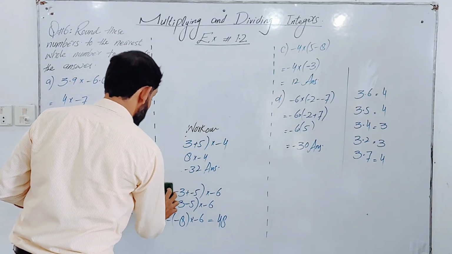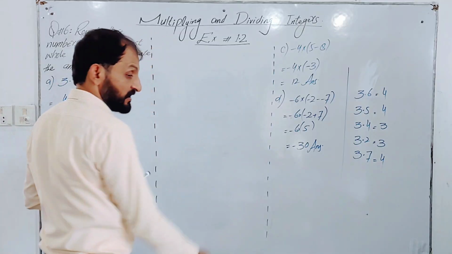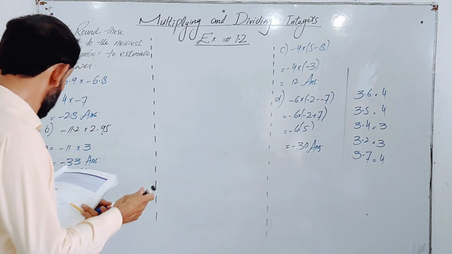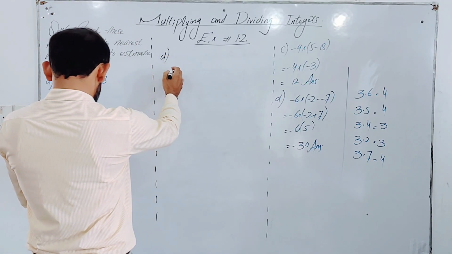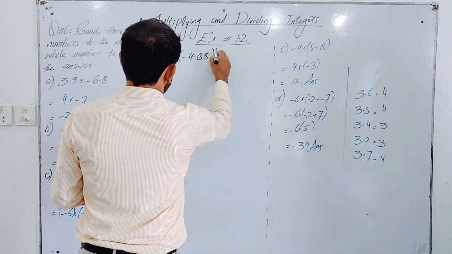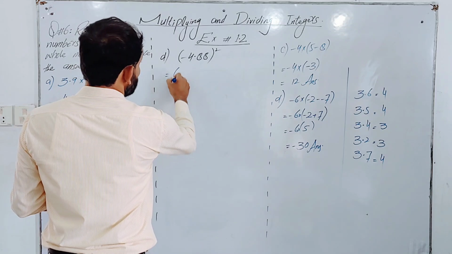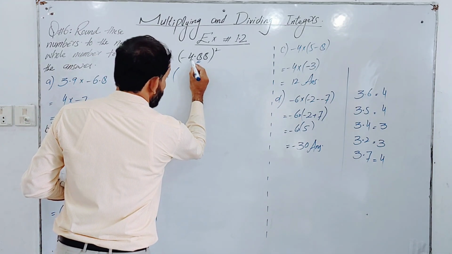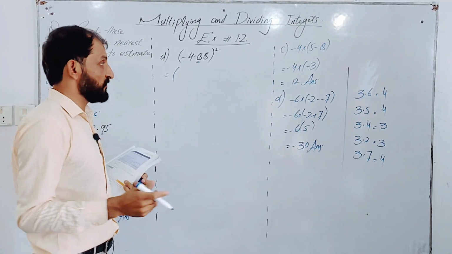And the last part of this question is D part. -4.88 whole square. The first step is we have to write the number in the form of rounding. As you can see, 4.8. 0.8 is greater than 0.5.